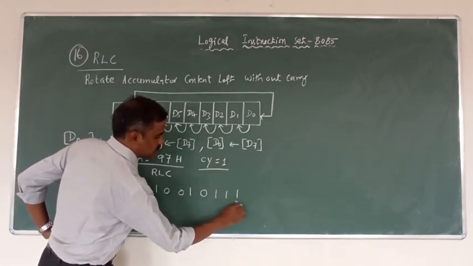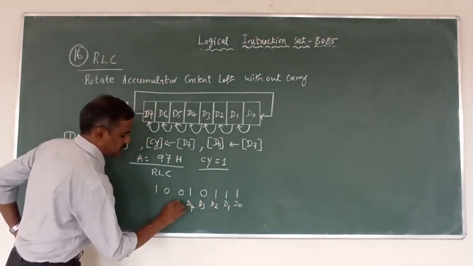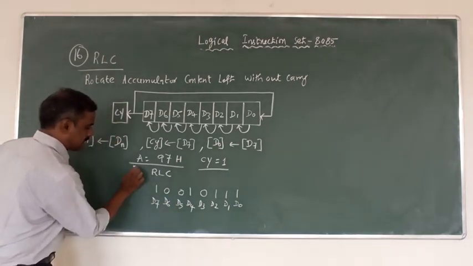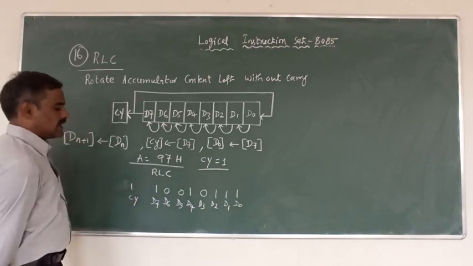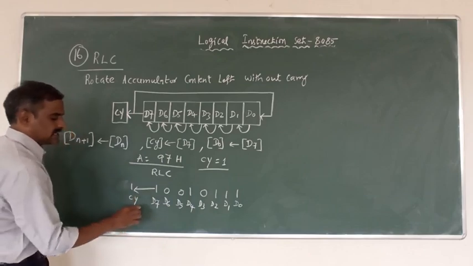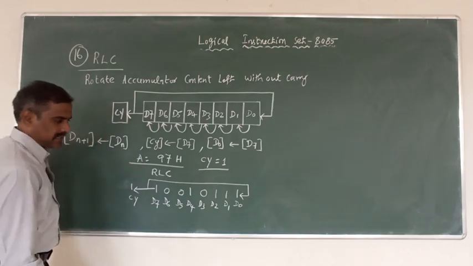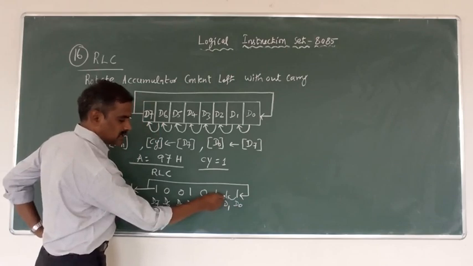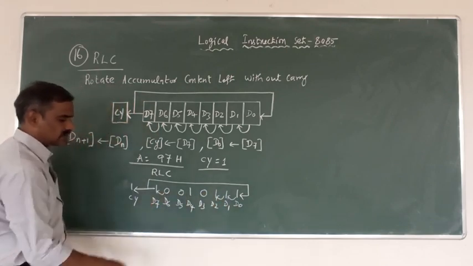This is for D0, D1, D2, D3, D4, D5, D6 and D7, and carry. Here the carry is 1. After RLC, the D7 data moves to carry as well as D0 position. Next, the D0 data moves into D1 position, D1 position data to D2, like that. The D6 data moves to D7.